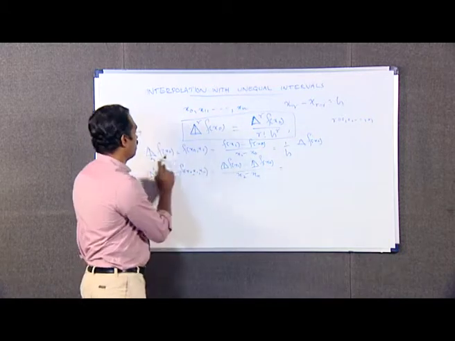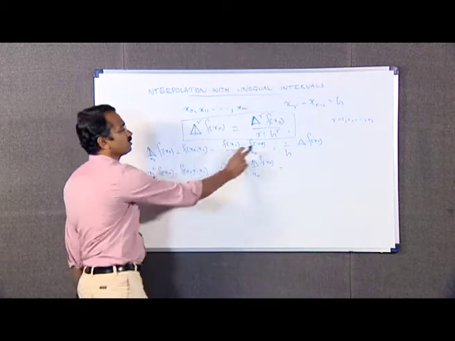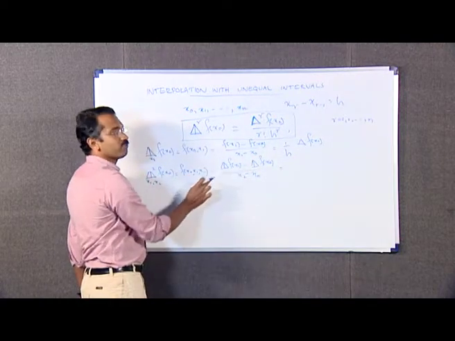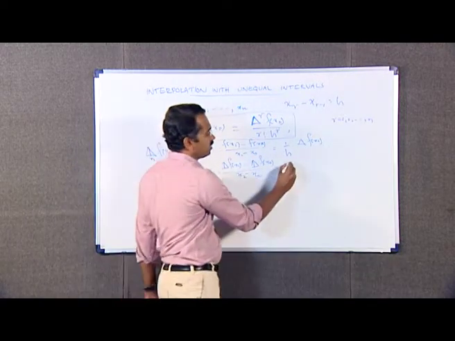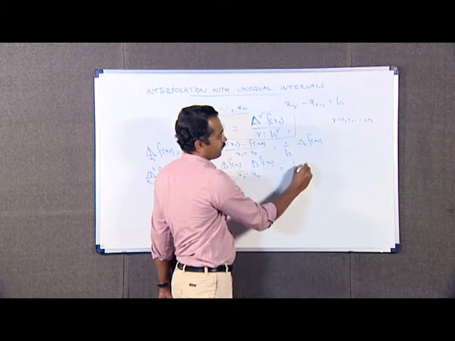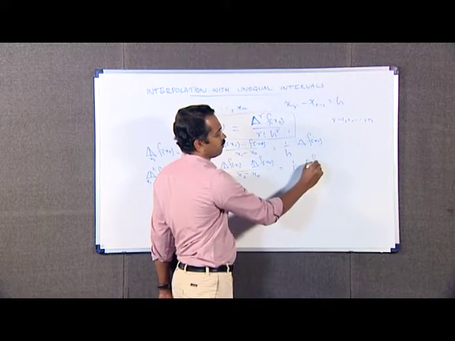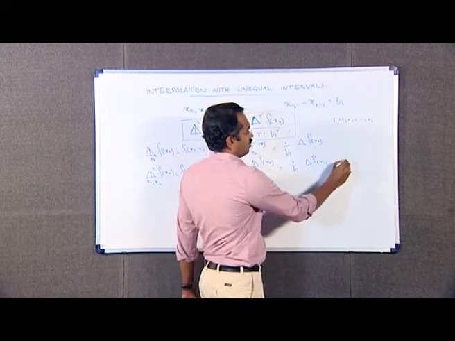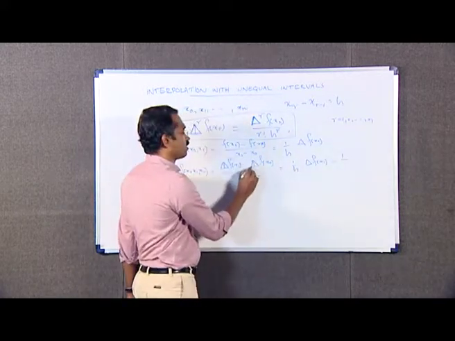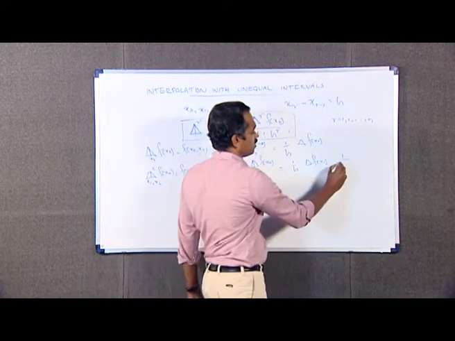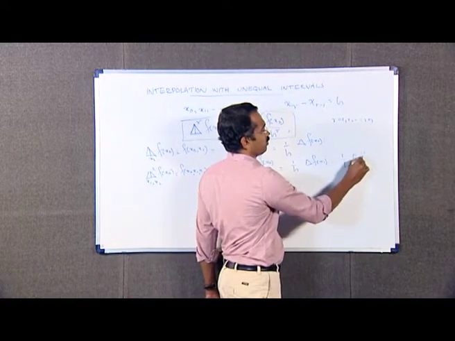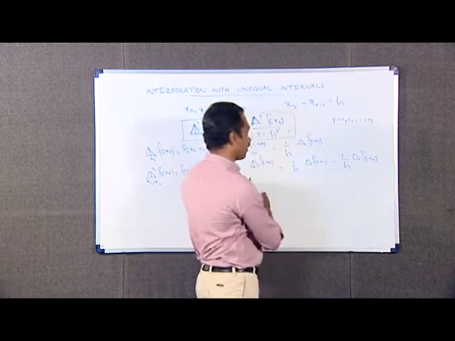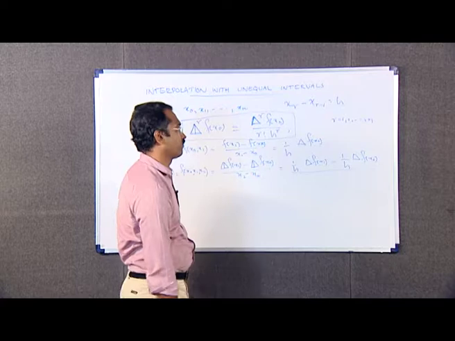Here divided difference f of x1 is 1 by h into delta f of x1, minus divided difference f of x0, which is 1 by h into delta f of x0, all divided by x2 minus x0.